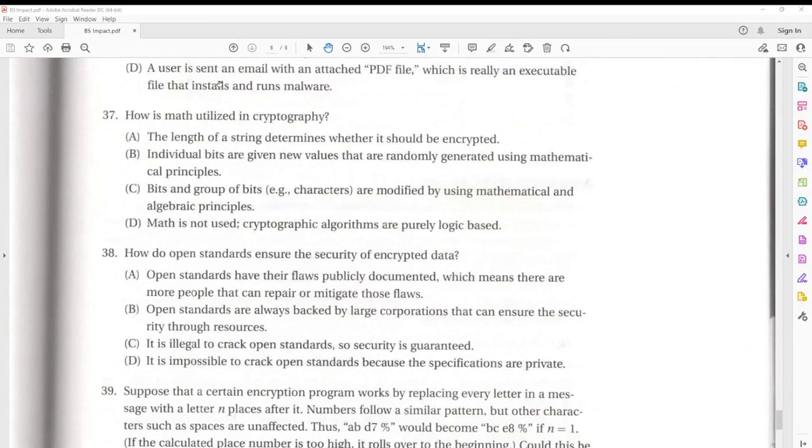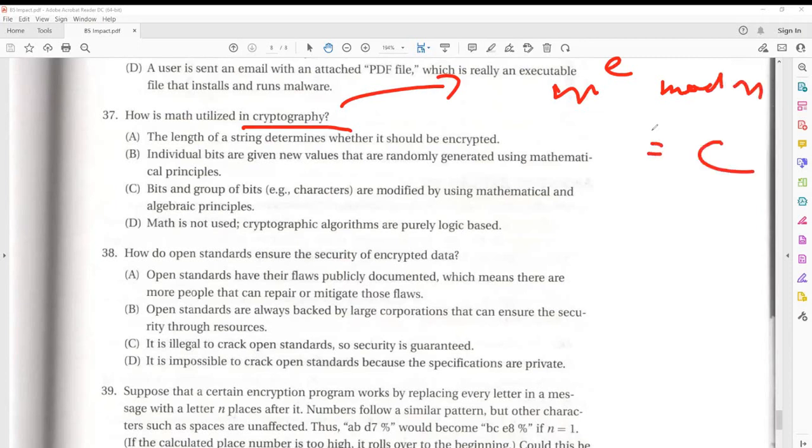37. How is math utilized in cryptography? Okay, this one is actually used for cybersecurity. So this is the one we talked about last time: the message raised to the power of D, modulo N, gives you the coded data. So this is the math we talked about last time.